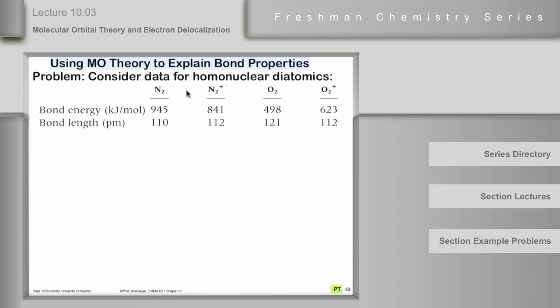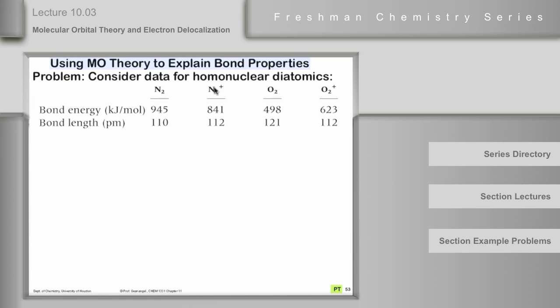If you apply the molecular orbital model to these, it says N2 has, as we saw before, a bond order of 3, which is in agreement with the fact that it has bond energy over 900 kilojoules per mole. Okay, does that make sense? Well, that's what we saw, and that's how the diagram comes out.